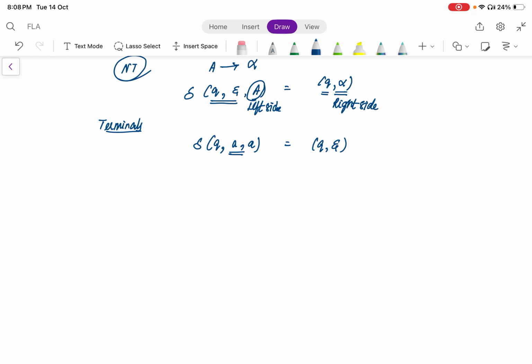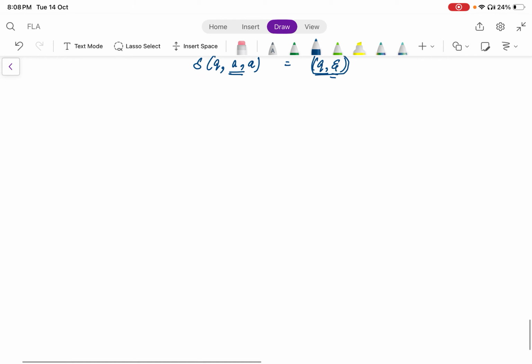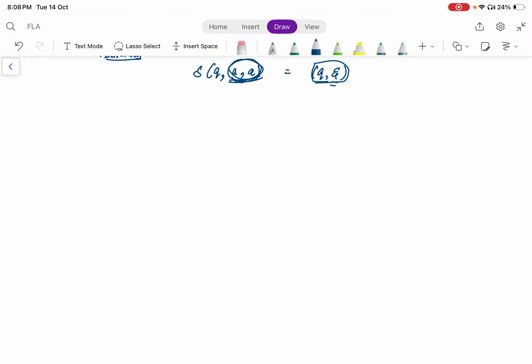So here it is the same for all terminals, Q comma epsilon. If we see an example, you will understand. If A is your input, you write Q comma A comma A. If 0 is your input, you write Q comma 0 comma 0. If 1 is your input, Q comma 1 comma 1.